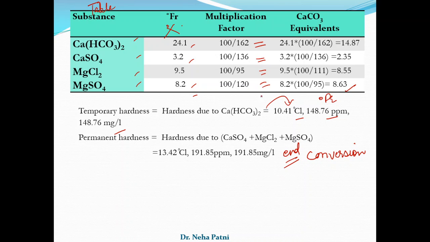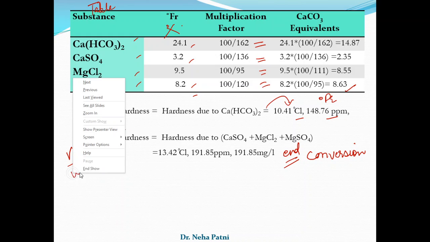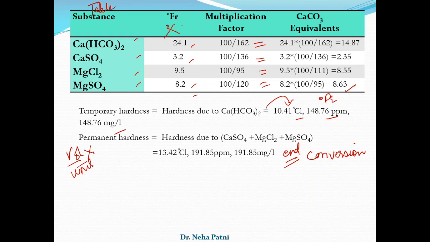So what we have done up till now is we have increased the volume. I said that it is for 20,000 liter, calculate. So you got to know that you don't have to take it into consideration, because hardness is not proportional to the volume of the water. Then I told you to convert it into different units, so I think you also know how to convert it into different units.